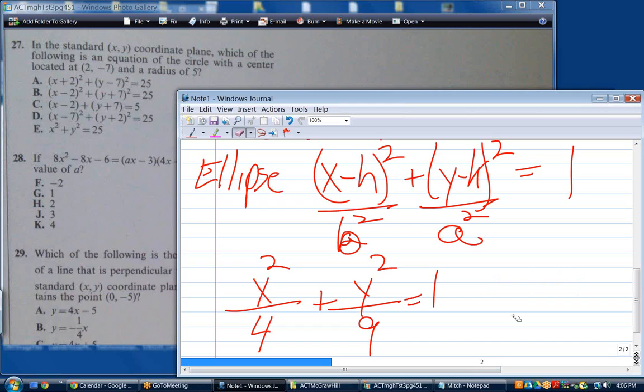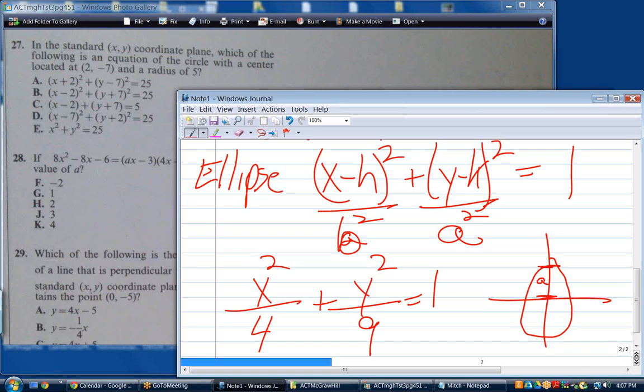That's horizontal. No. A has to be bigger than b, so this has to be a squared. And because the a is under the y, it means we have a vertical ellipse because that is always measured along the y-axis.